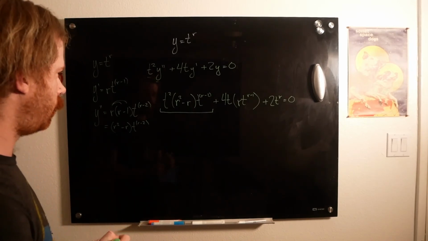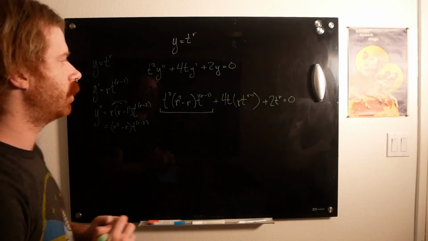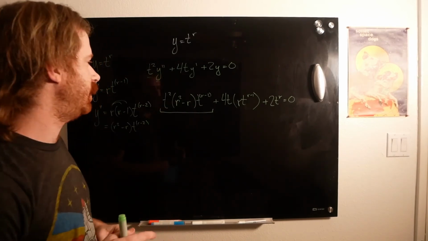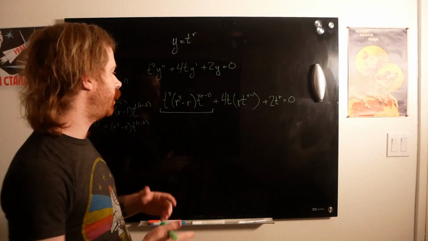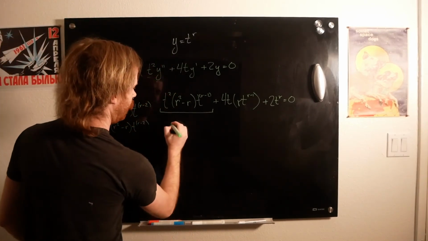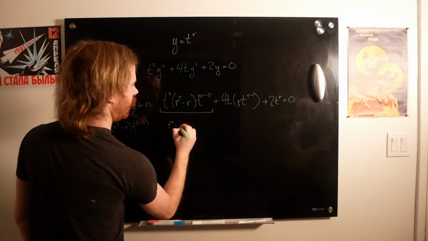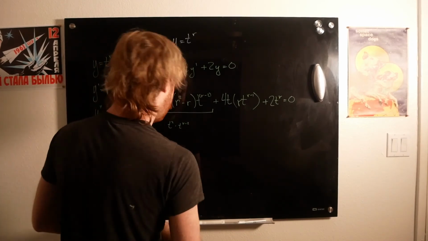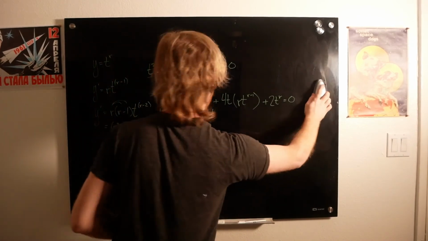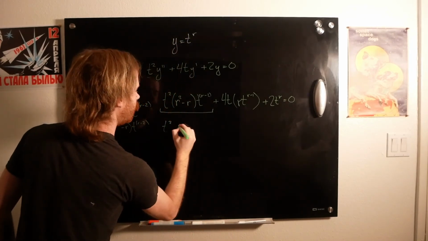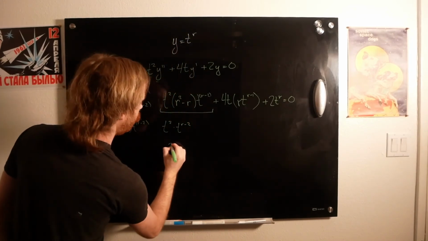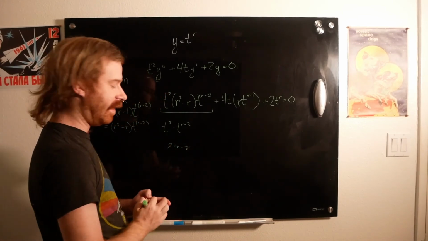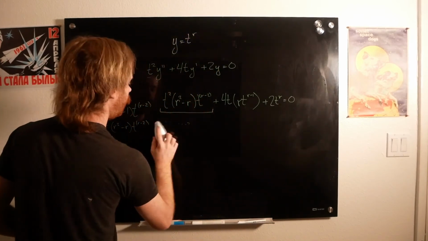Remember from algebra, when you multiply two of the same bases together that have different exponents, you can just add the exponents together. So when you multiply t squared times t to the power of r minus 2, you're doing 2 plus r minus 2, and the 2's go away and you're left with t to the r. So those cancel out pretty nicely.